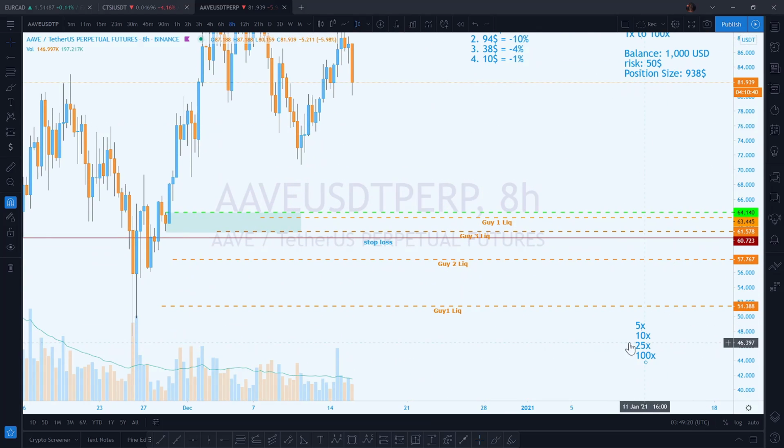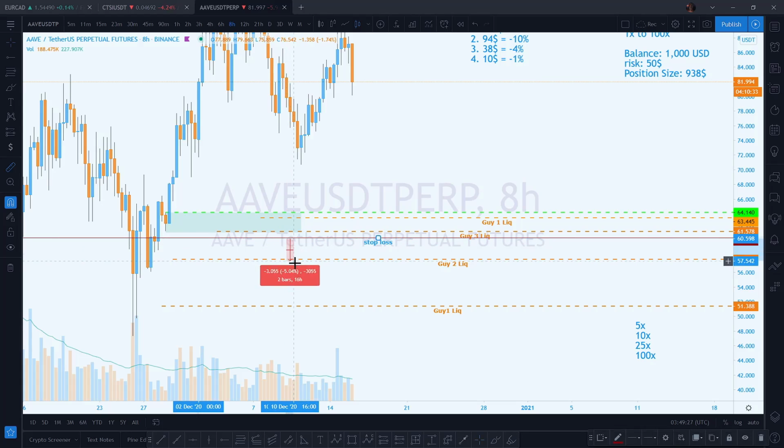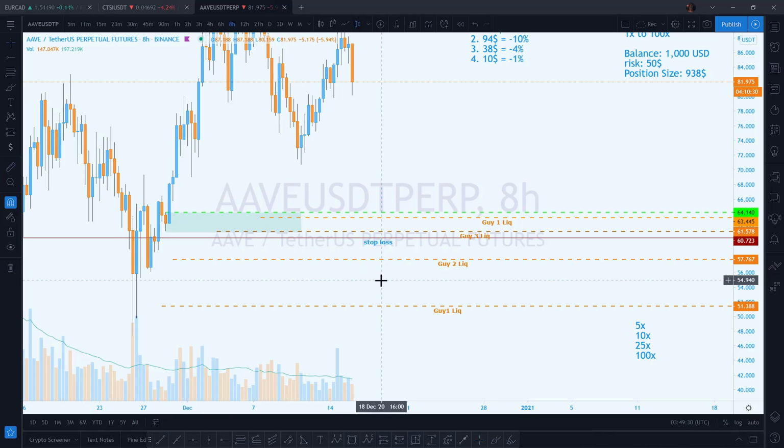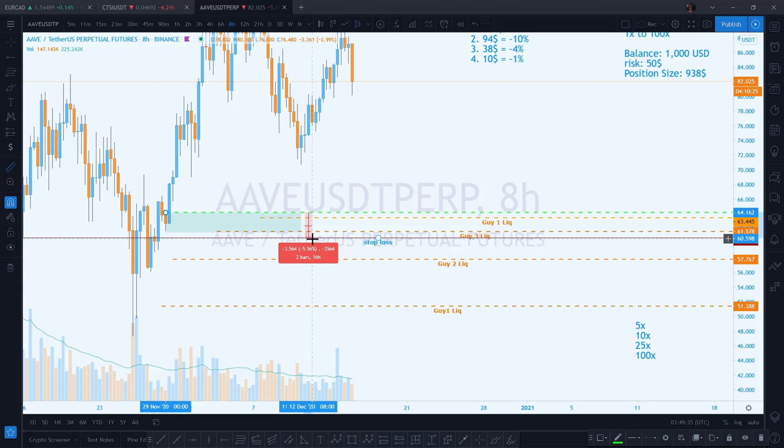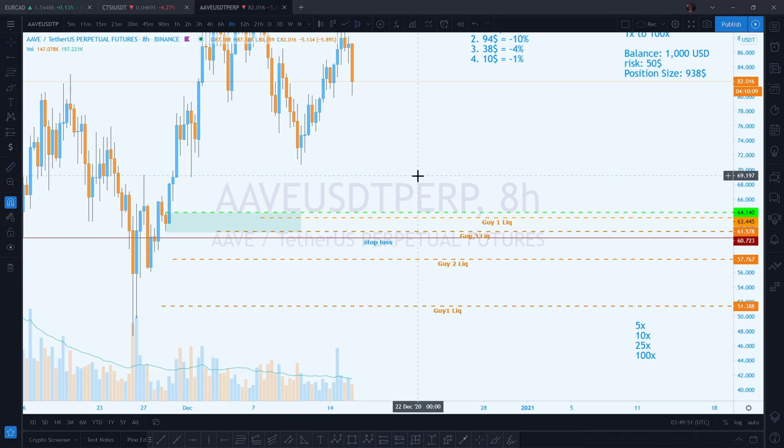But the second guy using 10x, you can see his liquidation here. His liquidation is way below his stop loss, which means if he enters at this price and gets here to his stop loss, he will lose $50. But if he didn't use a stop loss and he's hoping the trade will reverse in his favor upward, and the coin goes up to a 10% move against him, he will be liquidated and lose his $94.